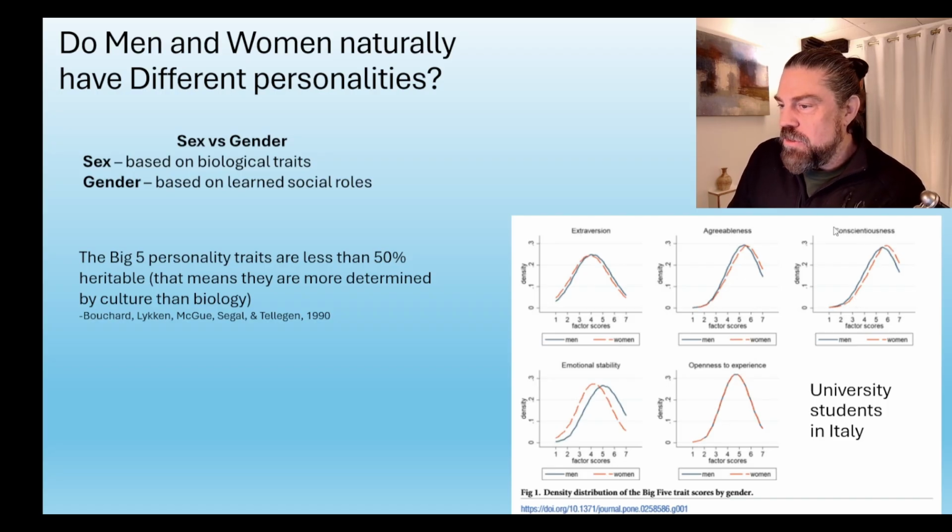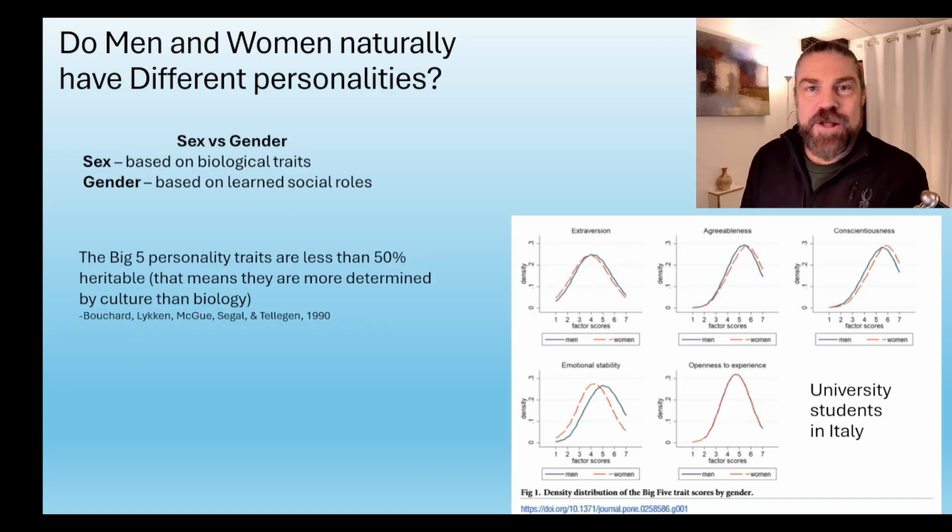Again, you can look at conscientiousness. Yes, women seem to be more conscientious, but again, those lines are tight together. There's likely not very much, if any, statistically significant difference biologically between men and women on which are more conscientious.